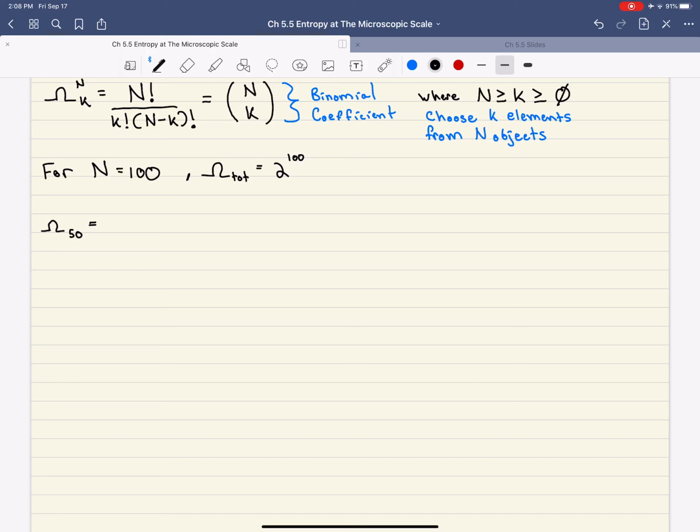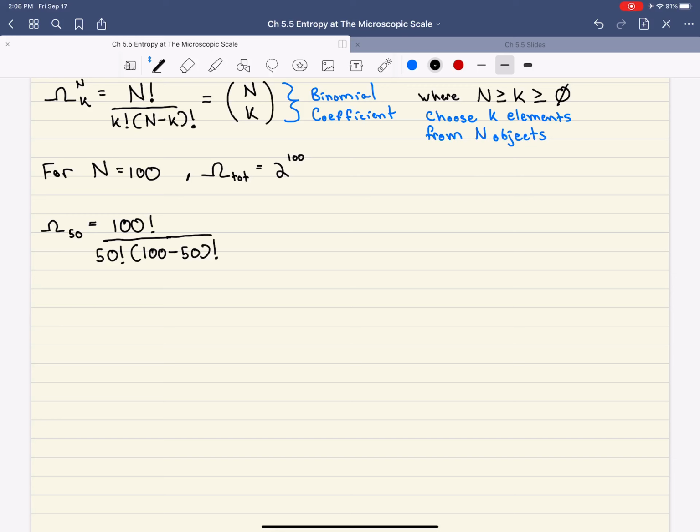And so what we do is we take n, so that's 100. So 100 factorial divided by k factorial, so 50 factorial. And then also in the denominator, we have n minus k. So 100 minus 50 factorial. Okay?